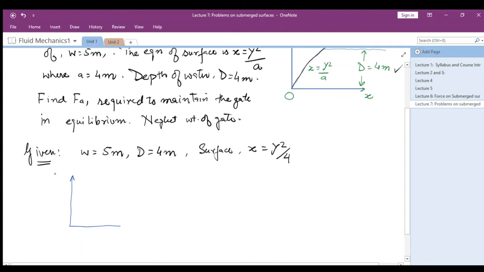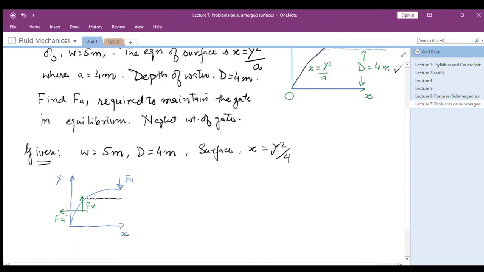So let me make the FBD, force body diagram of this case. It was something like this, that I have FA acting here, and let me say that I have water till this height, and let's say this is my vertical force and this is my horizontal force.